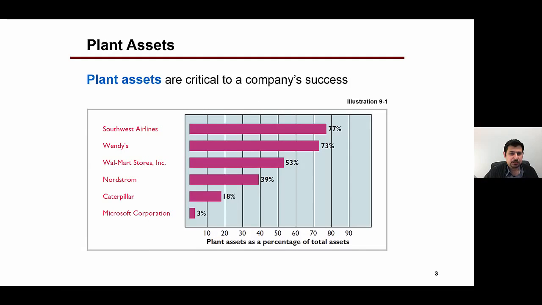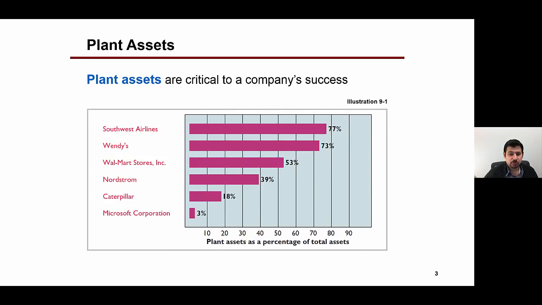This just shows, for example, the proportion of total assets that are plant assets, which varies a lot from one company to the other. A company like Southwest Airlines has around 77% of their total assets in plant assets, which makes sense in a way because those are airplanes.